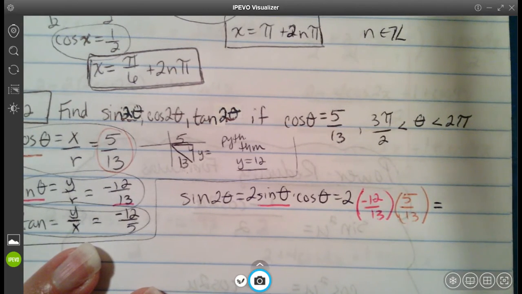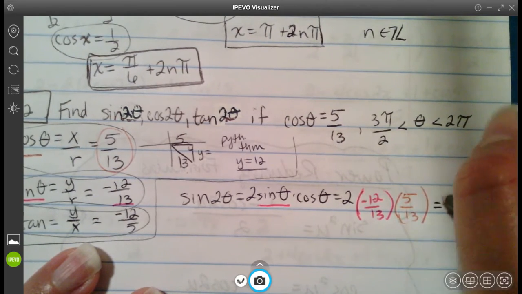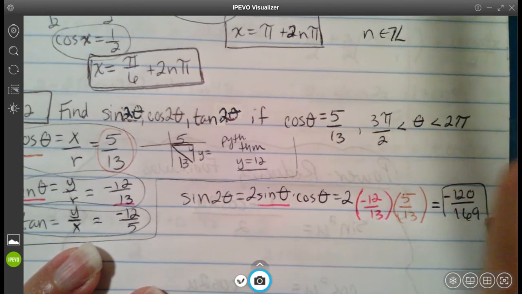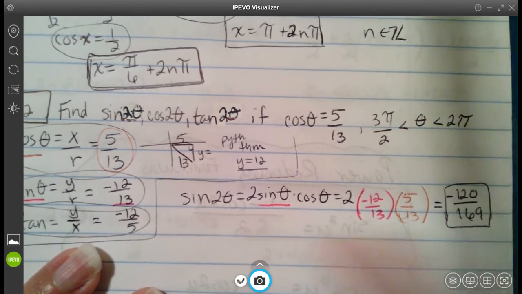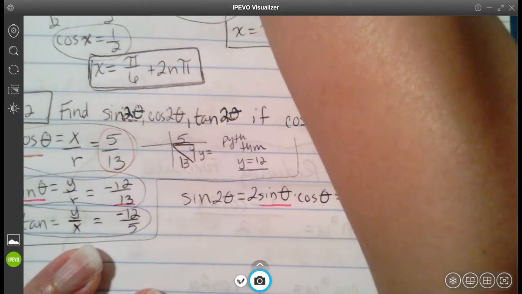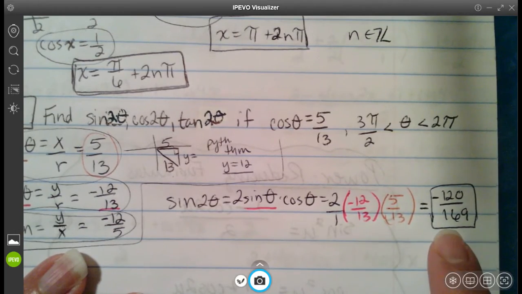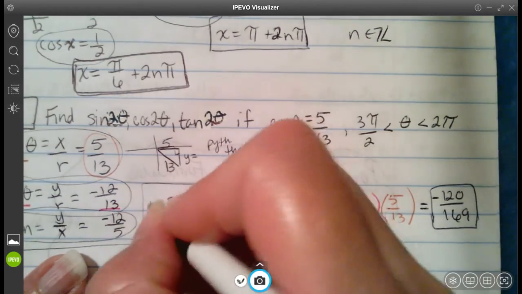And I got negative 120 over 169. Hopefully it's correct. Pretty sure it is. So there is the first answer. Sine of 2 theta is equal to negative 120 over 169. Remember with fractions, when we're multiplying, it's basically straight across. So numerators, denominators, simplify if you can. This one does not simplify, so we're done there. Okay, so that's the first one.